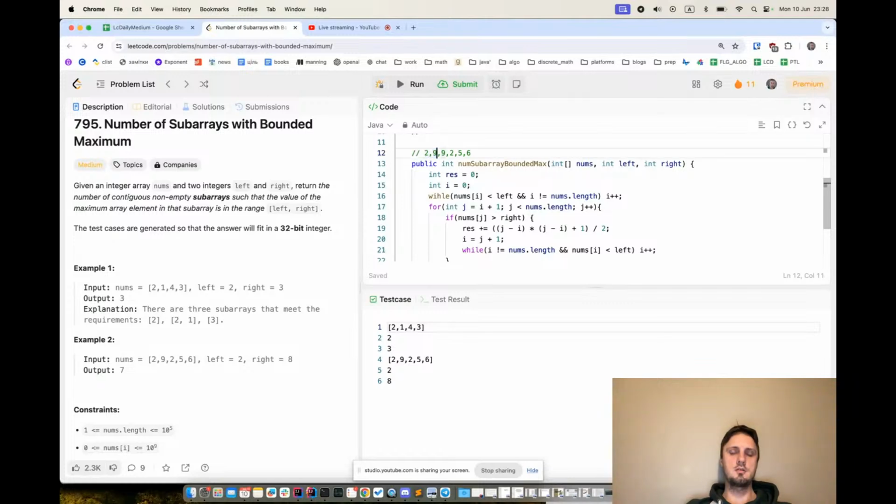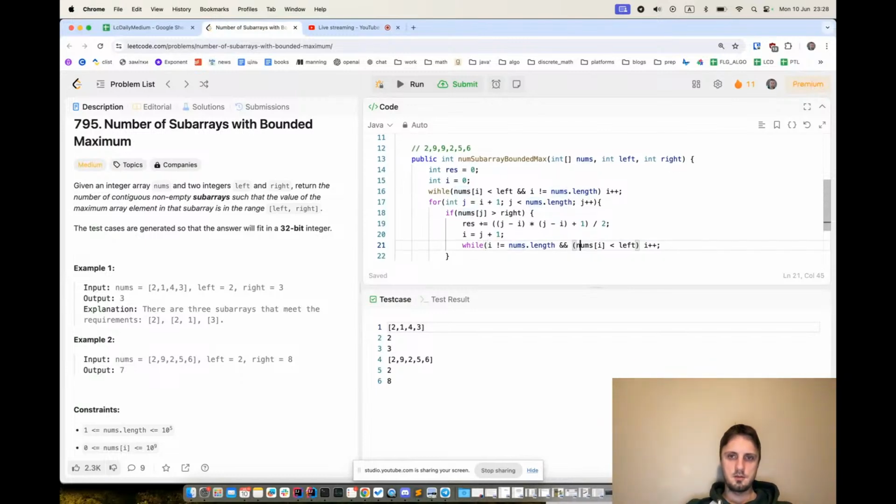So here I calculate, then I take this 9, and 9 is greater, so it should be left and nums[i] is left. What is left? Left, okay.